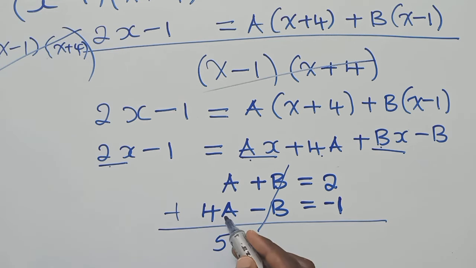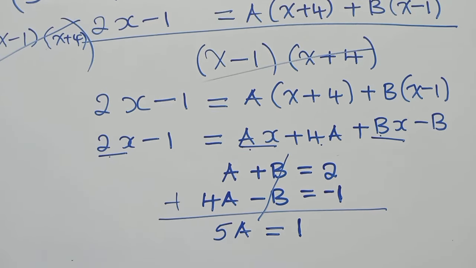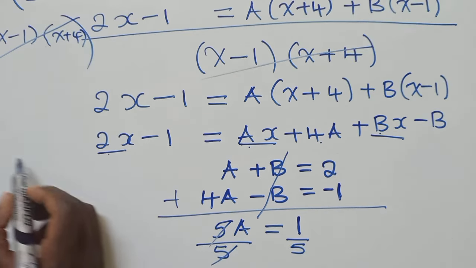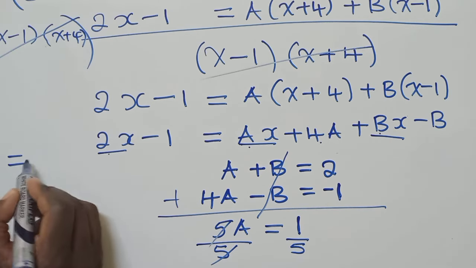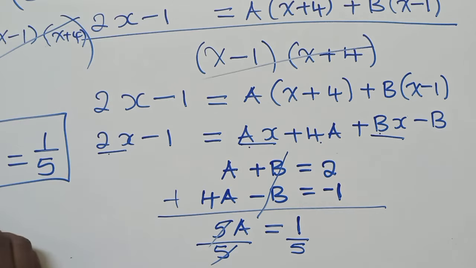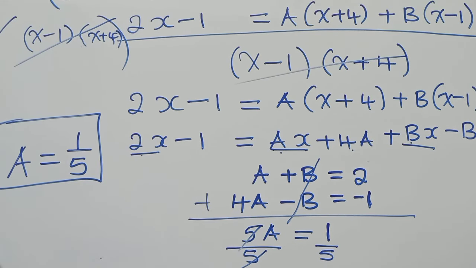When we add A + 4A, it's 5A, which is equal to 1, because 1 plus negative 2... we now divide by 5 by 5. We're solving for A. So the value of A is 1 over 5.